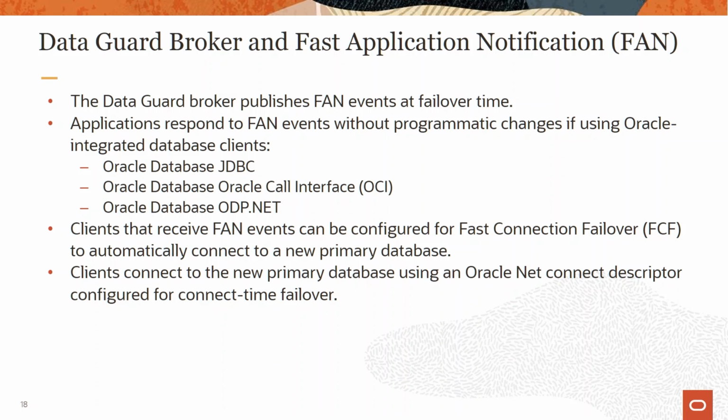After receiving this FAN event, if your application is integrated with Oracle FAN events, then the application can take action. There are several actions available. One is fast connection failover, or TAF, or Application Continuity.